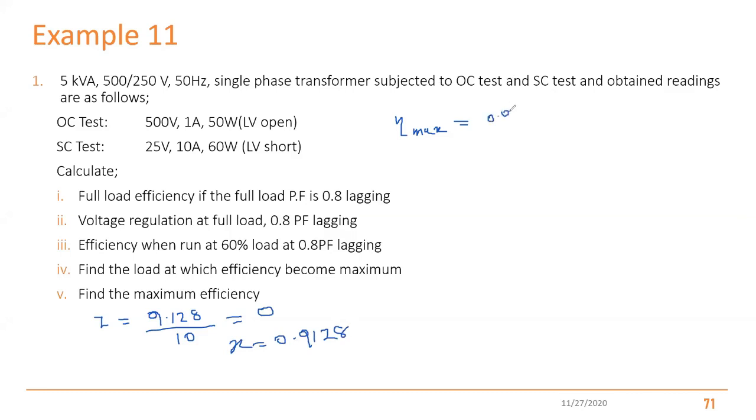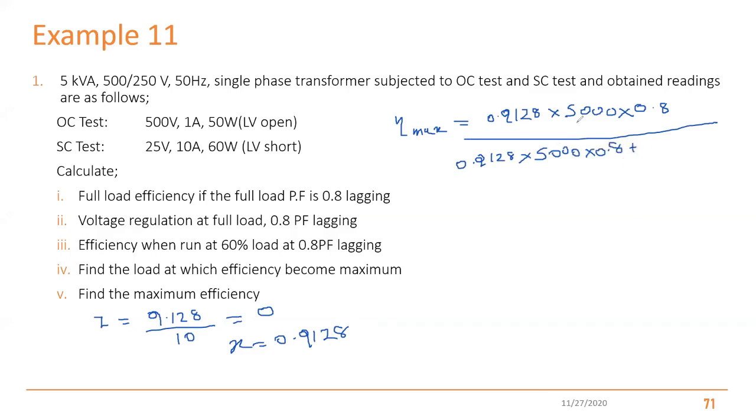So 0.9128 times kVA 5000 and power factor 0.8, again 0.9128, times 0.8, plus the copper loss, which should be the same as the iron loss.